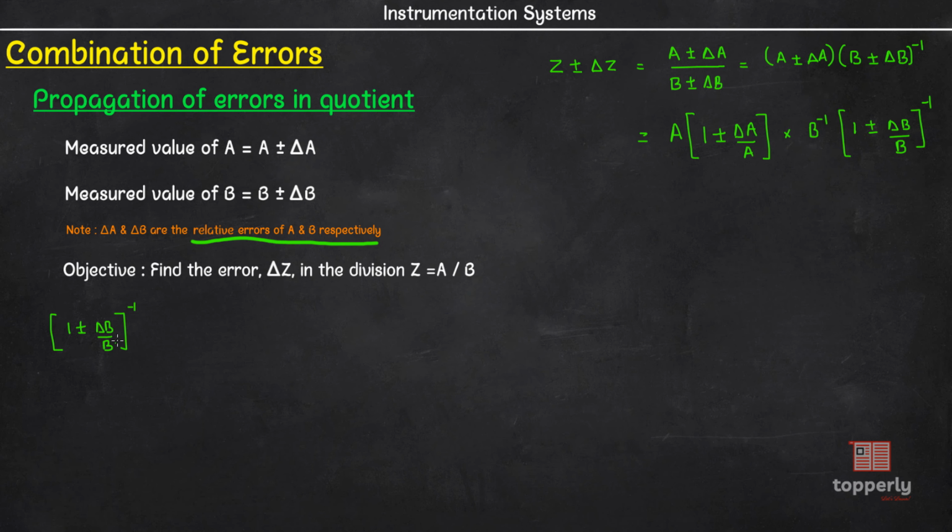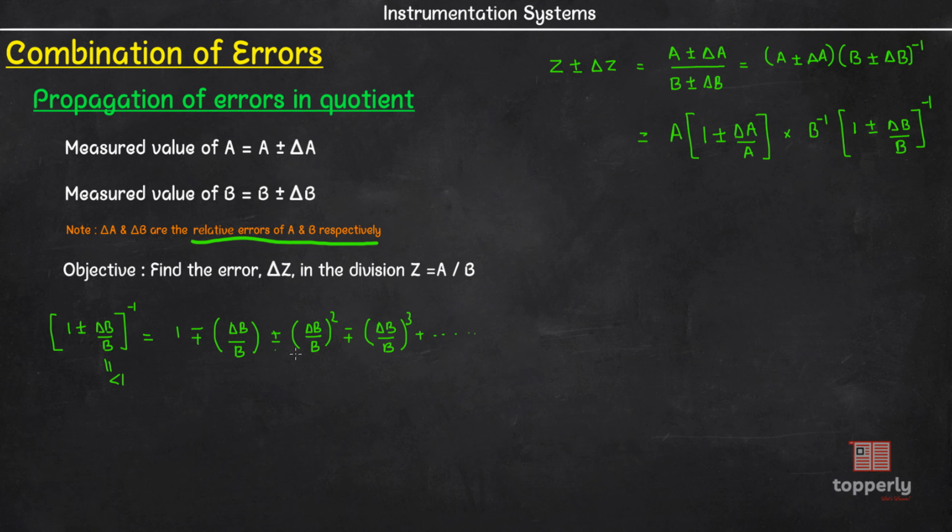Also note that delta B by B is less than 1. So using binomial expansion we can write this as 1 minus or plus delta B by B plus or minus delta B by B square minus or plus delta B by B cube and so on.